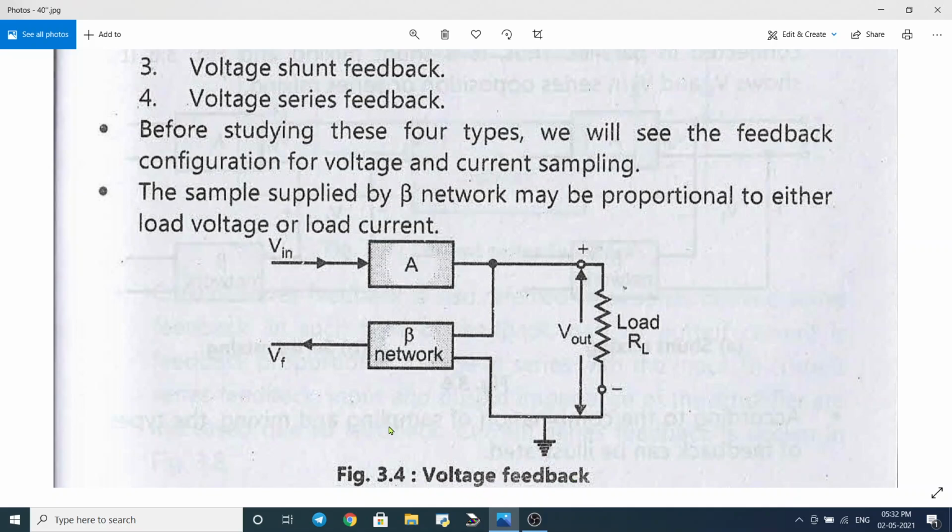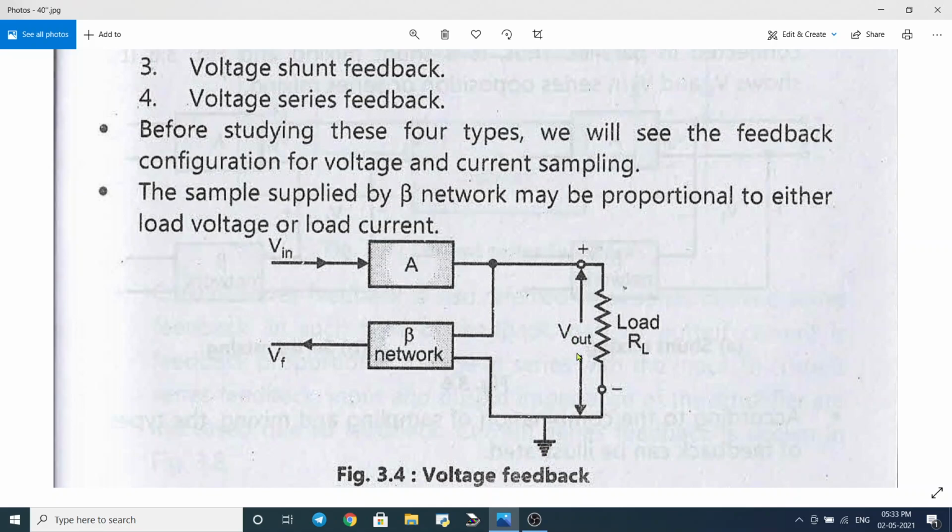This is the figure showing voltage feedback. Input voltage is given to the amplifier. The output of the amplifier goes to load resistor RL, and there is output voltage Vout across this load resistor. Now this output voltage is plus with respect to ground.